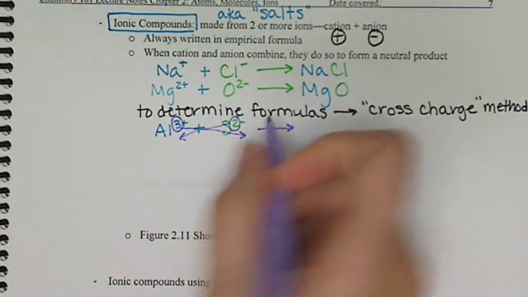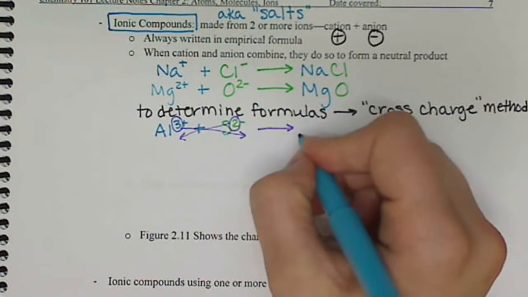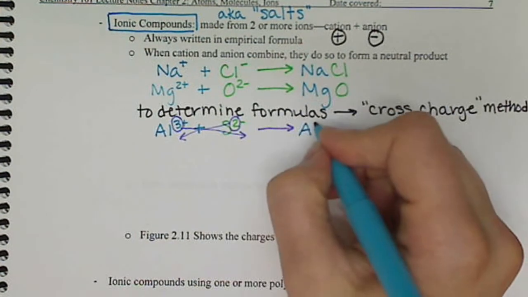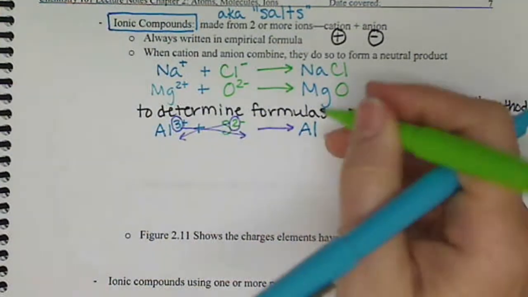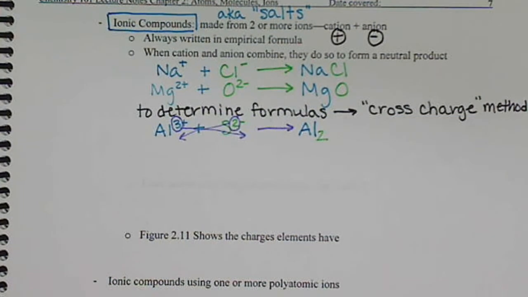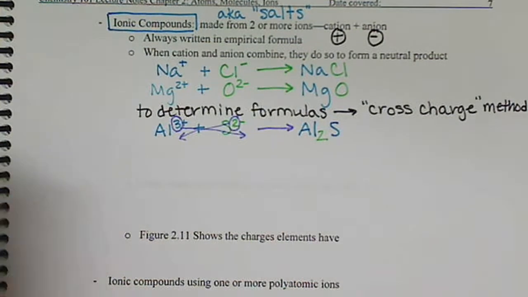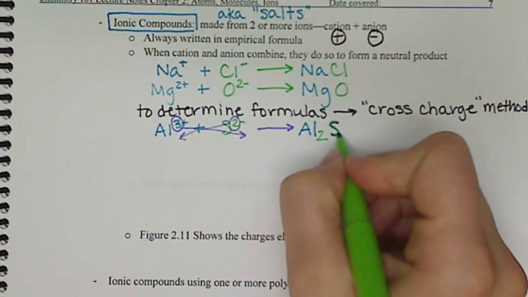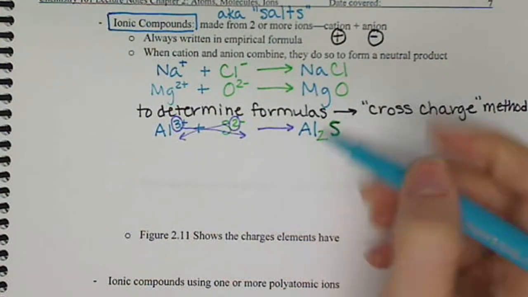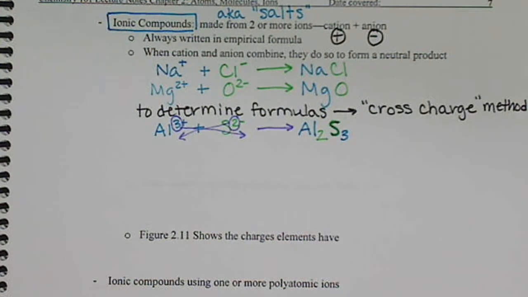So that when we combine these, we're going to have Al2, oops, I messed up my colors, S3, S is green, and the 3 comes from the aluminum.